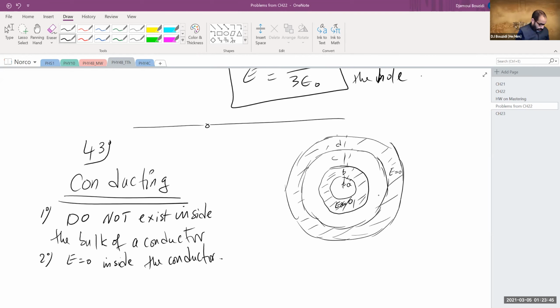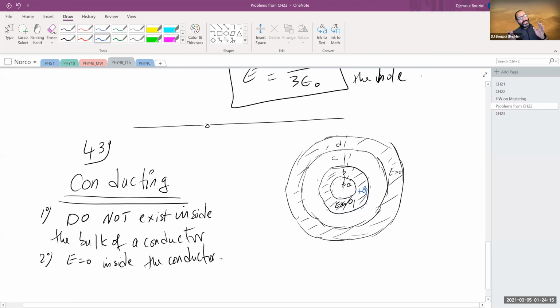So let's continue reading the problem. The inner shell has a total charge of plus 2q. So they take a charge of plus 2q and they put it in the inner shell. I know for a fact that q inside is equal to 0. There is no charge in here. So this charge better be on the inner surface of radius A, or the outer surface of radius B, or a combination of both of them.